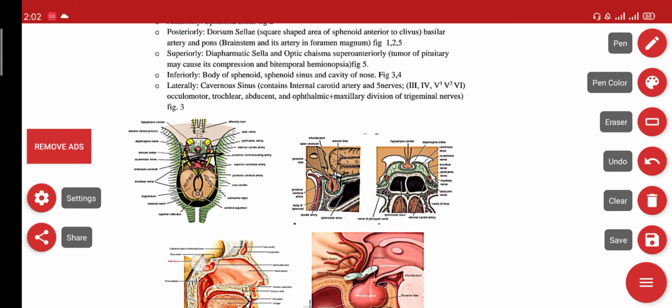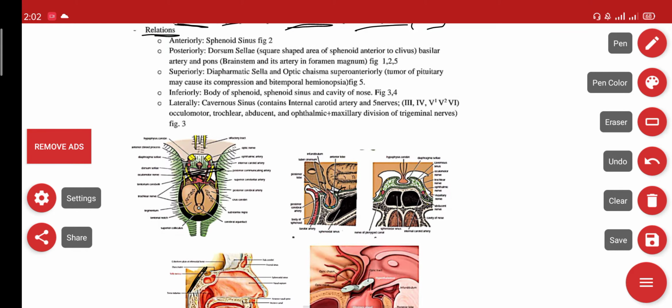This downward going area is called the clivus, which then opens at the foramen magnum. So the dorsum sella lies just anterior to the clivus, and posterior to that are the basilar artery and pons. You can see the basilar artery, and behind it is the brainstem, mainly the pons. So the pons is located posteriorly.